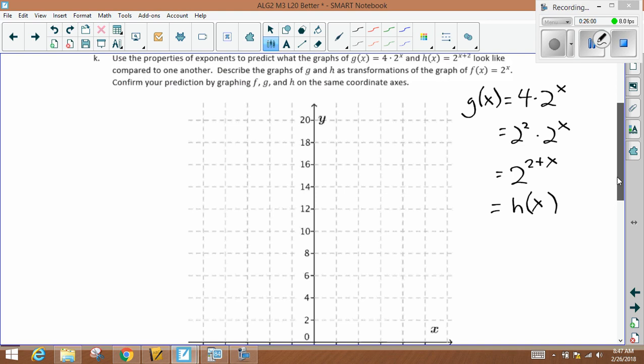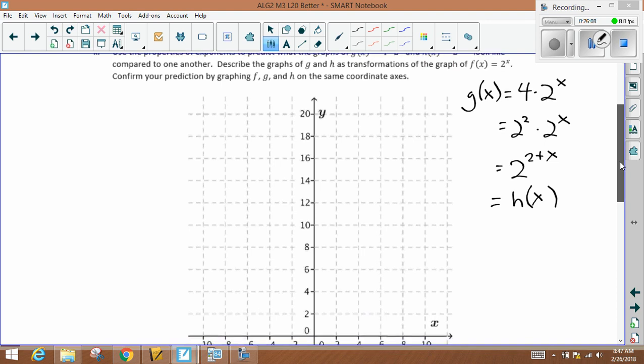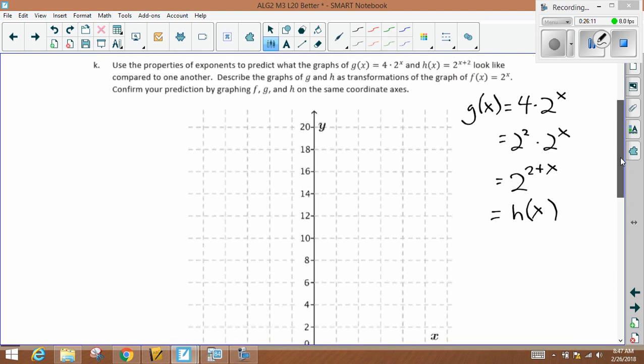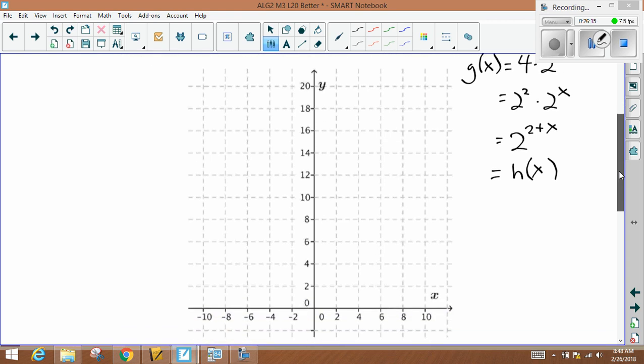We've got to see what is going to happen when we graph f of x equals 2 to the x power, and let's not graph h of x and g of x. They're the same. That would be weird. So let's go ahead and just graph h of x.